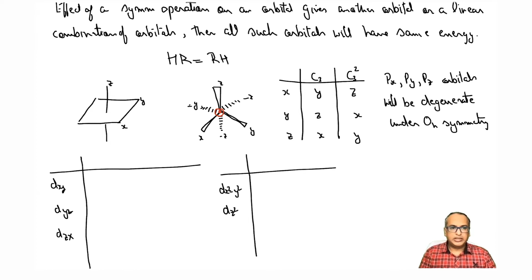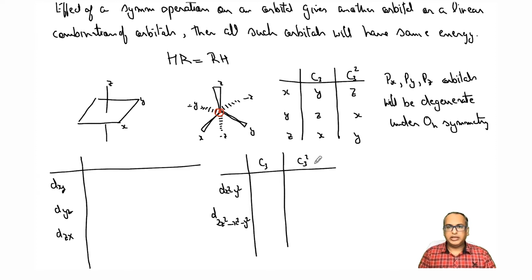By the way, dz square is not the complete representation, it is actually a short form. The full functional form is 2z square minus x square minus y square. This will be required.